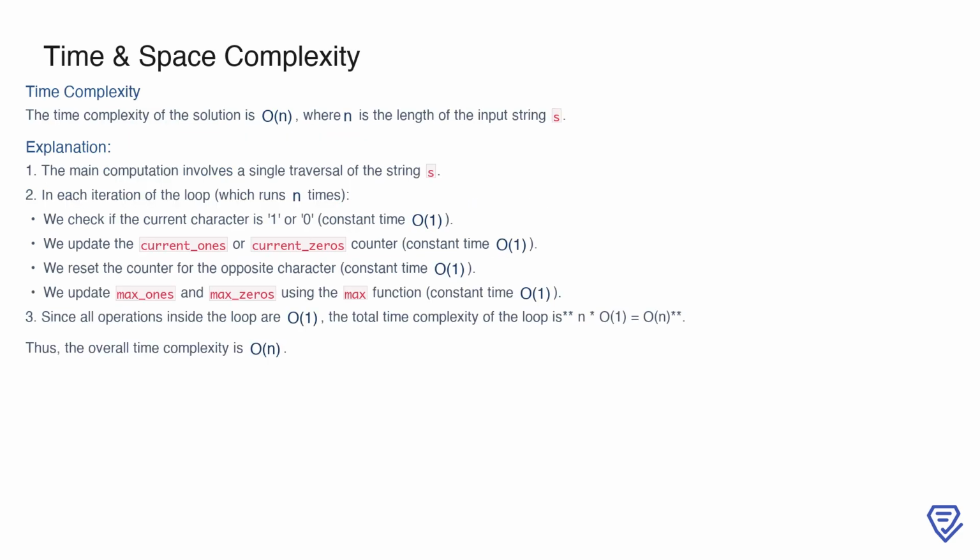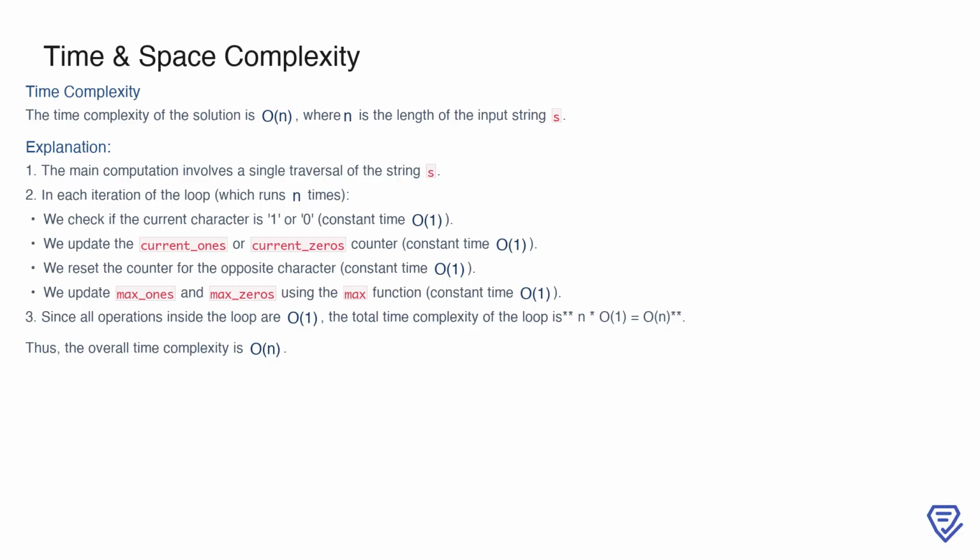The time complexity of this solution is O(n), where n represents the length of the input string, s. This efficiency is achieved because the algorithm processes the string in a single traversal. During each iteration of the loop, which runs n times, the operations performed are constant time.